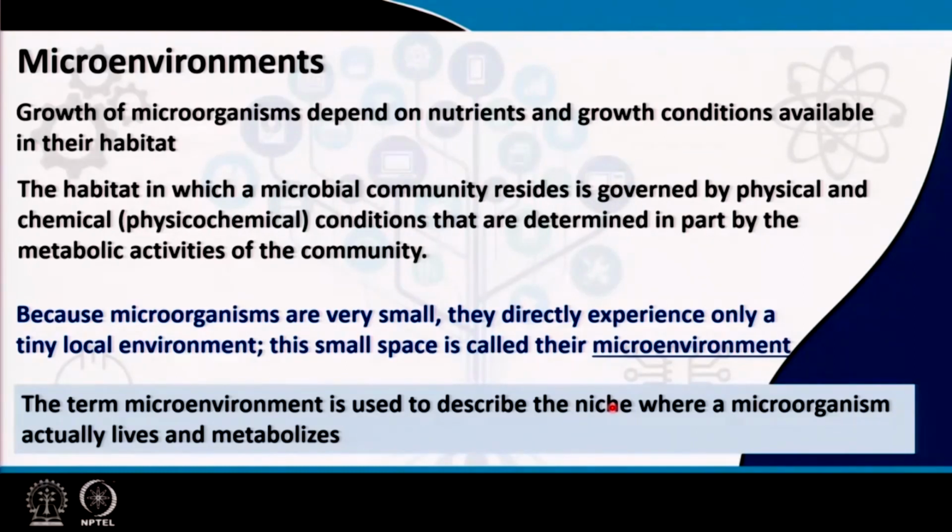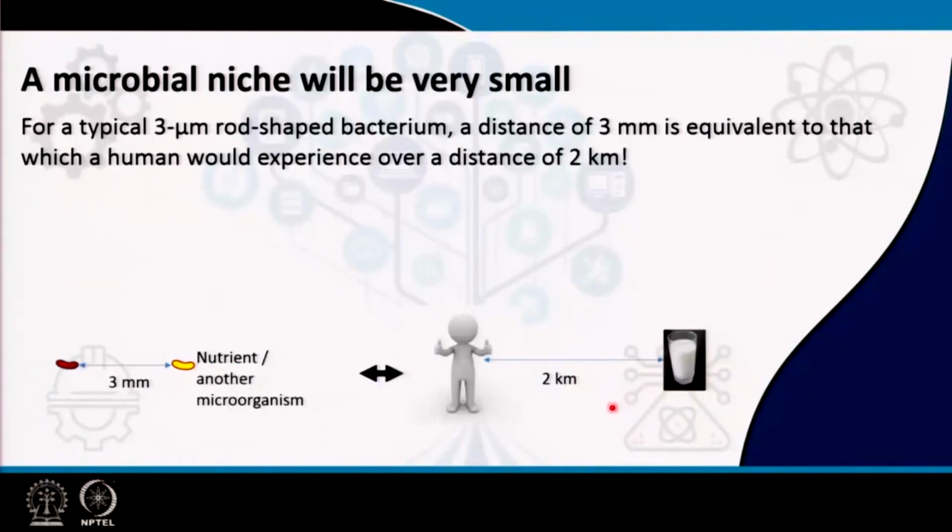So, the microenvironment is basically used to describe the niche within which a particular species functions, but we should not get confused that microenvironment is synonymous with niche. It cannot be synonymous, because in a microenvironment there could be many such species present, many niches. So, within a microenvironment dozens of species or populations are there, and each of them has its own niche.